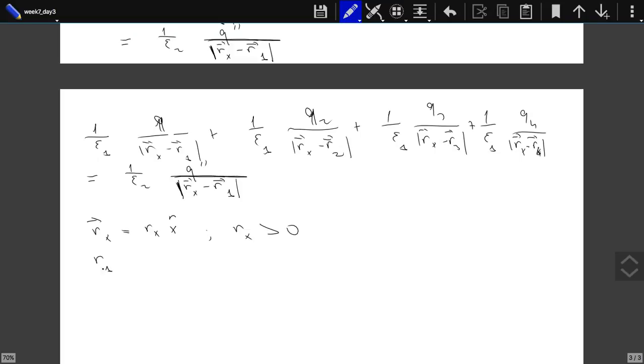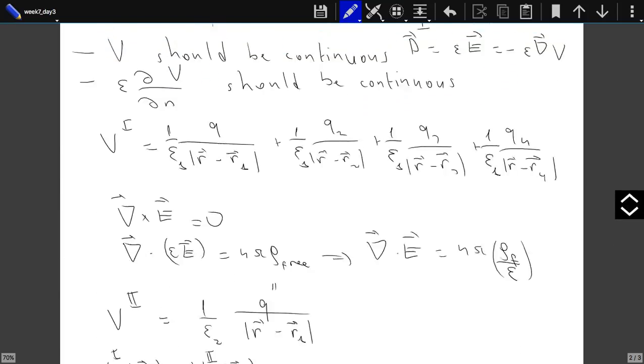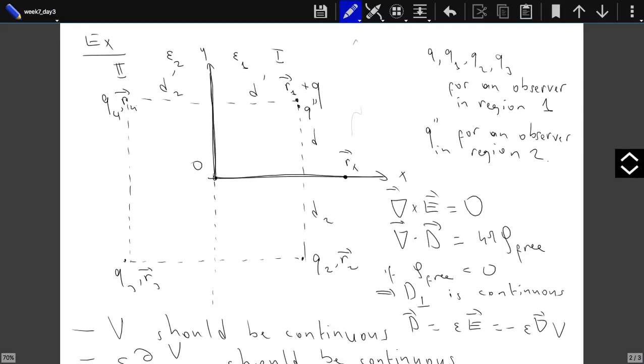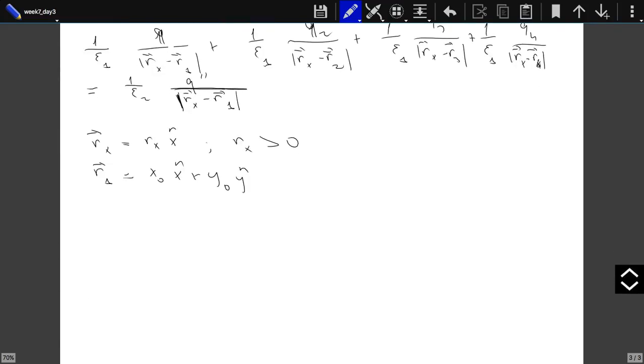R1 is x0 in the x direction plus y0 in the y direction, or now what we use, d and d prime. This is d prime, this is d, this is R1.